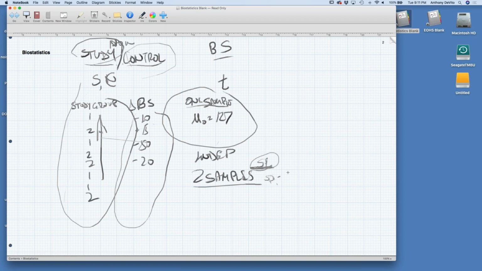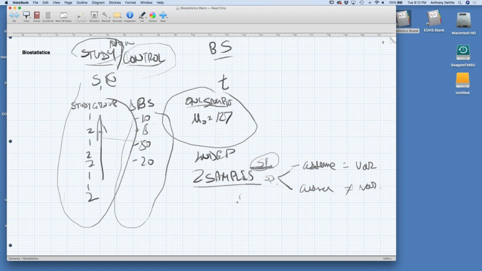So at that point, we split this up into two different routes we might take. In one case, we assume equal variances, right? The variability in both groups is the same. And in the other one, we assume unequal variances.